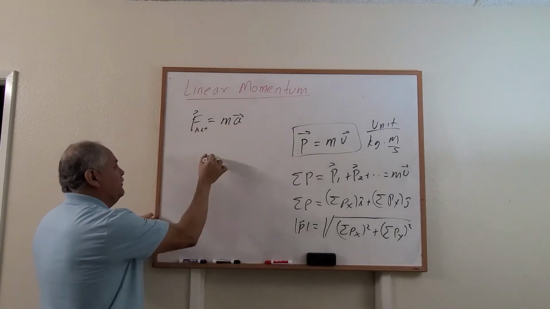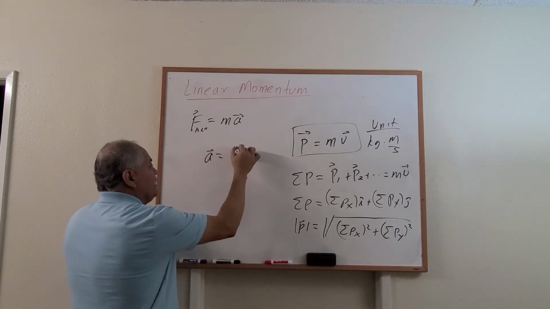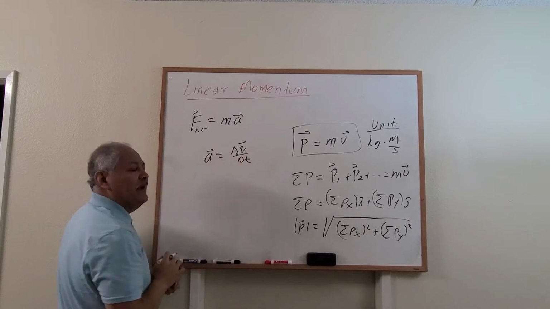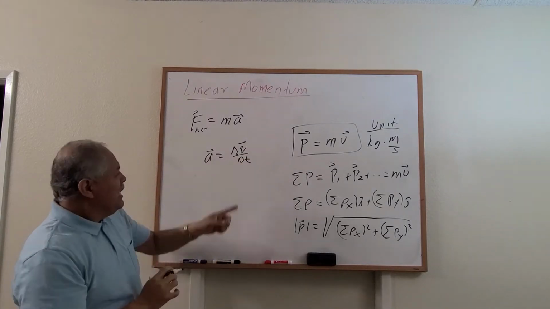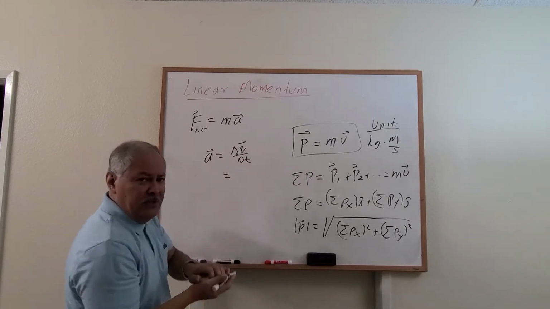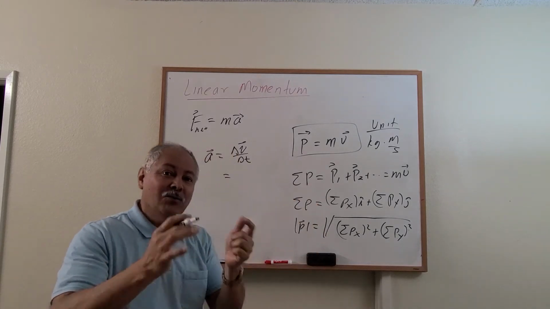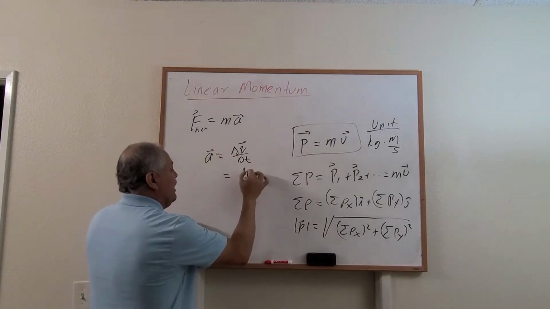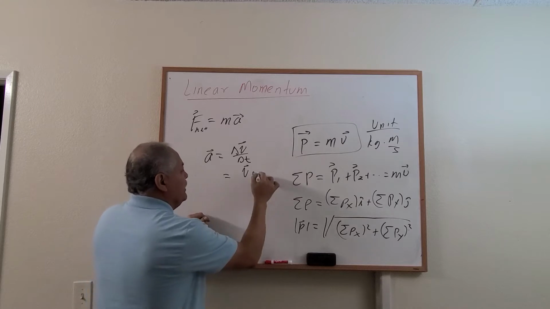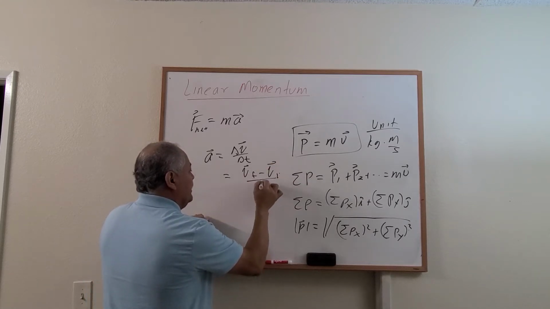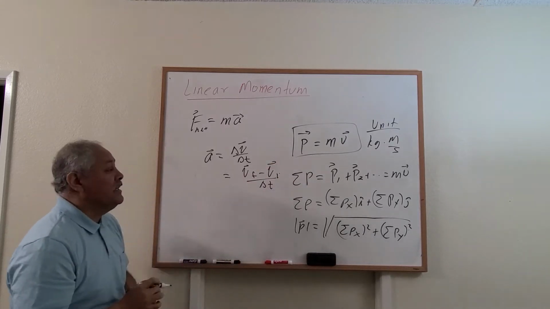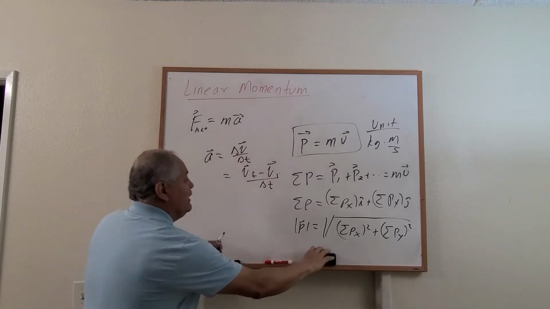Remember, acceleration is the change in velocity with respect to time. And the change is just final minus initial. So in this case, we have final velocity minus initial velocity, divided by the time, delta t.